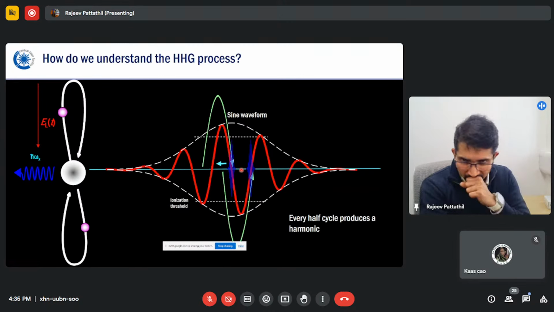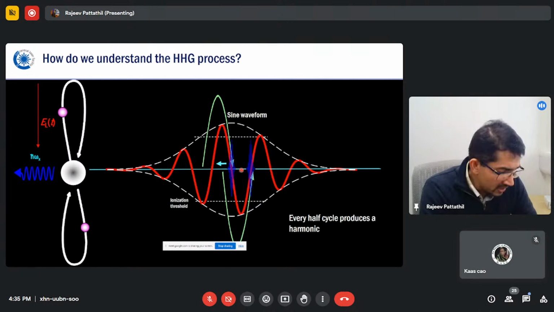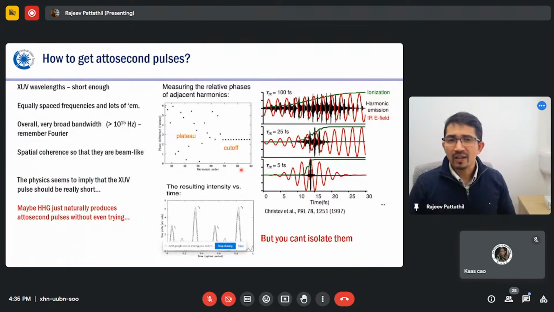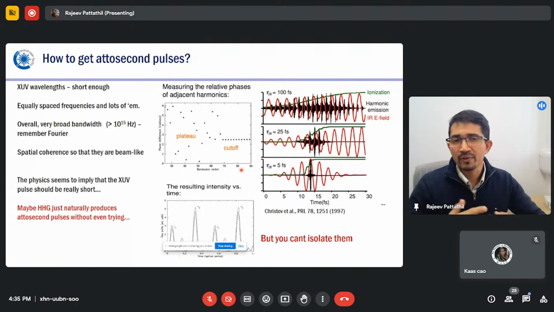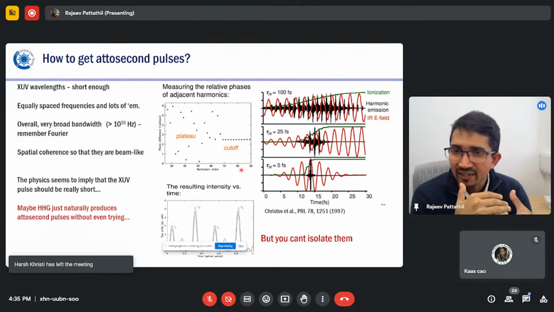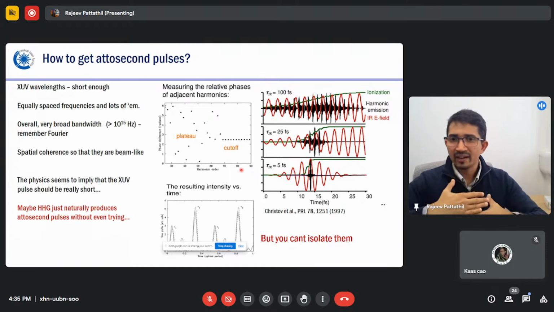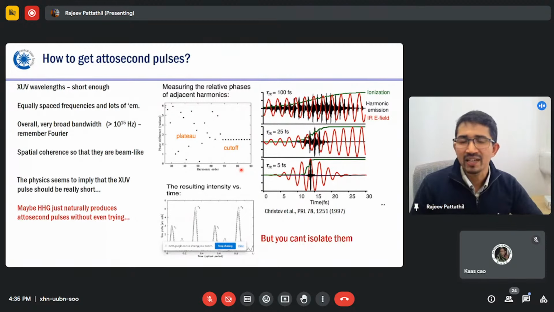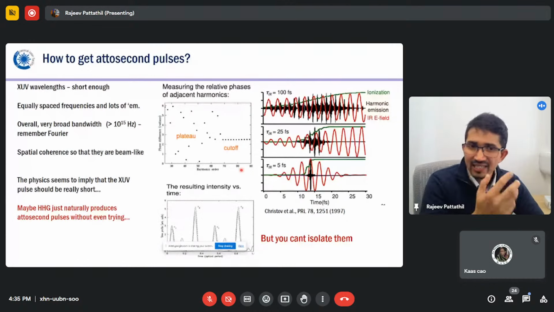But the question is, using a typical laser pulse, is it possible to produce attosecond pulses just by producing harmonics? And as it turns out, not necessarily, because this is where the phase comes in. If you go back to the phase discussion that we had, how different wavelength components need to add up in phase in order to produce a short pulse, going back to how we produce femtosecond pulses, that same physics applies here.